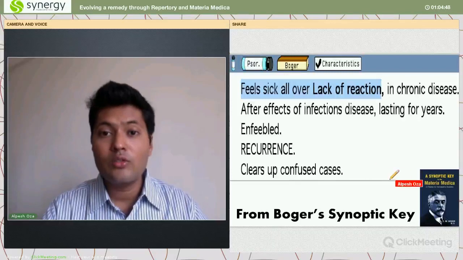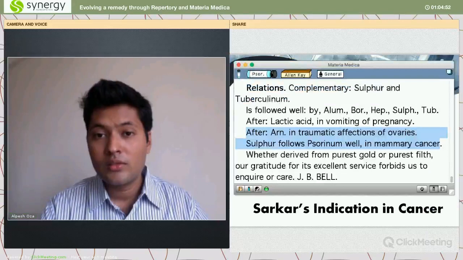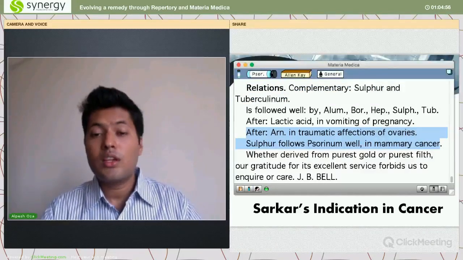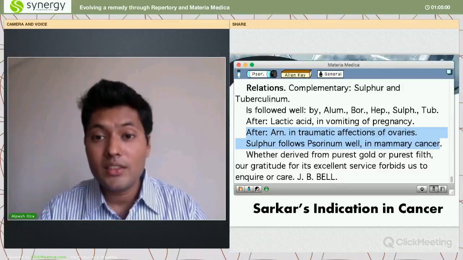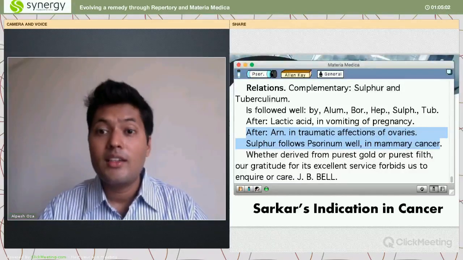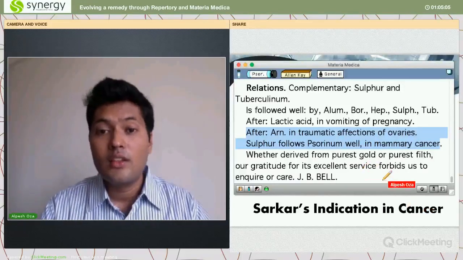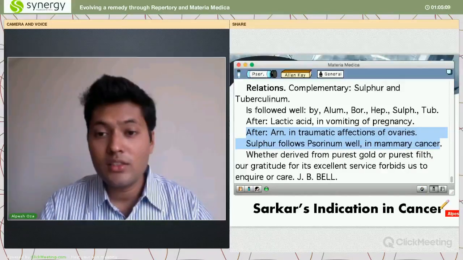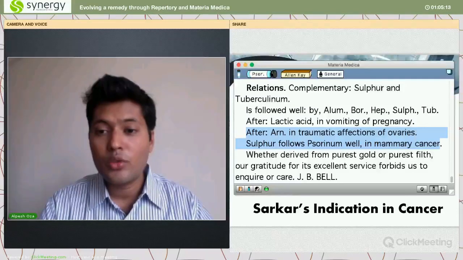So we can think of this remedy Psorinum in such cases. Now, Dr. Sarkar uses Psorinum very much in cancer cases, especially in breast cancers. And sulphur follows well to Psorinum in such cases. That's one of the indications of Psorinum.